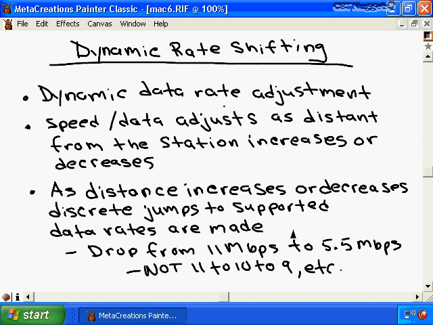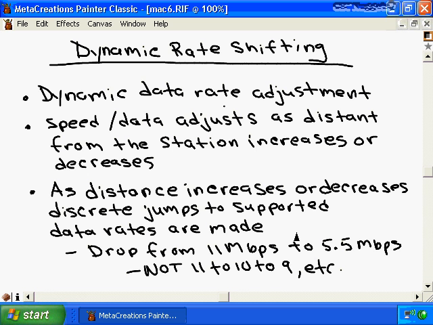It's going to jump from one supported data rate to another. On an 802.11b network, if it gets far enough away from that access point, it's going to drop its data rate from 11 megabits per second and jump down to the next supported rate, 5.5 megabits per second.